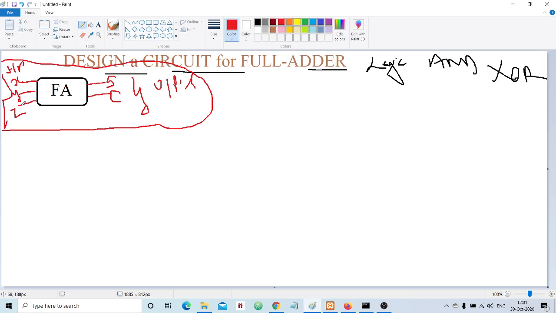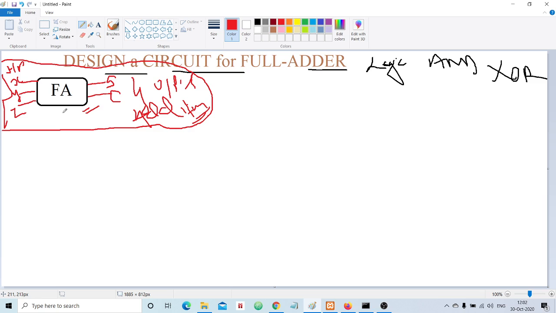Instead you can use A, B, C, P, Q, R, etc., and it will produce two outputs. One is sum and the other one is carry. So at a high level, this is basically an adder circuit which will perform the addition operation. Clear? So at a high level, you need to design an adder.